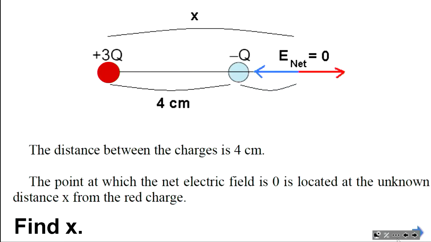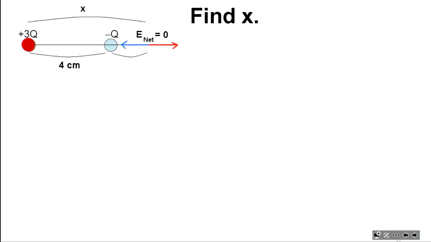And now we have an equation with this distance: square root of 3 over x equals 1 over x minus 4, and I keep centimeters, so my answer will be in centimeters.